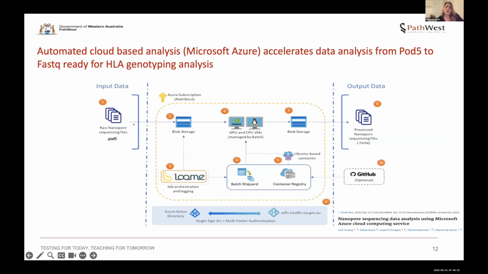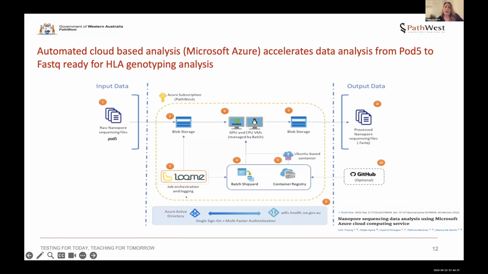And so this pipeline takes the pod5 files from our network drives. We have a Loom agent that detects those files. Once those files are detected, they are uploaded into this Azure environment. They are stored there.